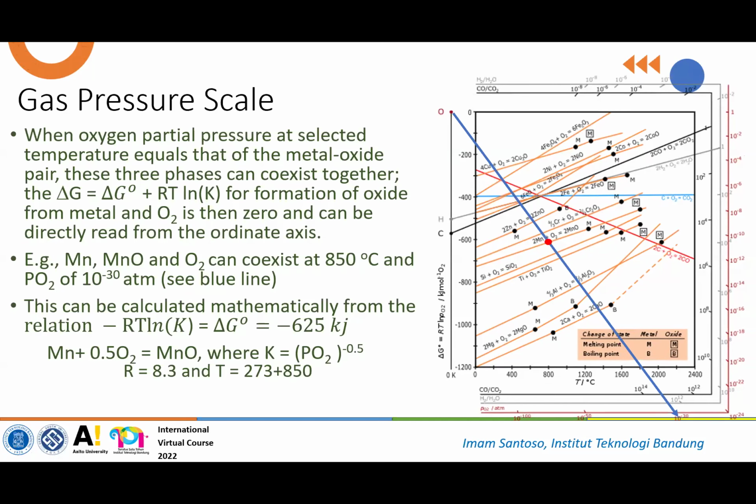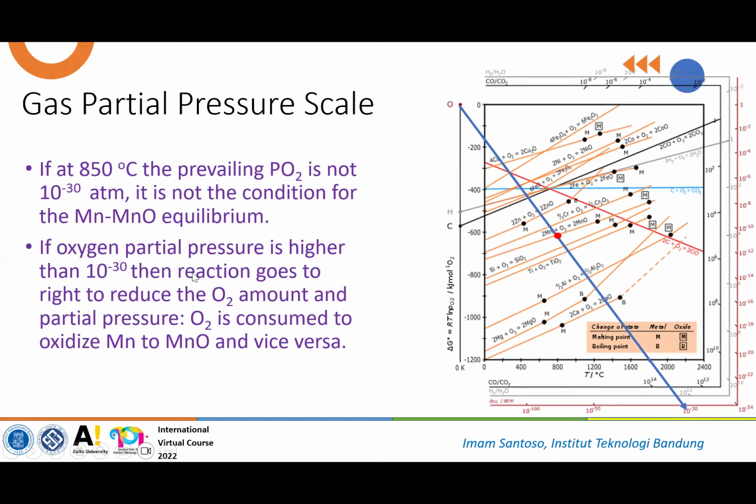If the oxygen is not minus 30, then Mn, MnO, and oxygen are not in equilibrium. It can be two cases, below minus 30 or above minus 30.